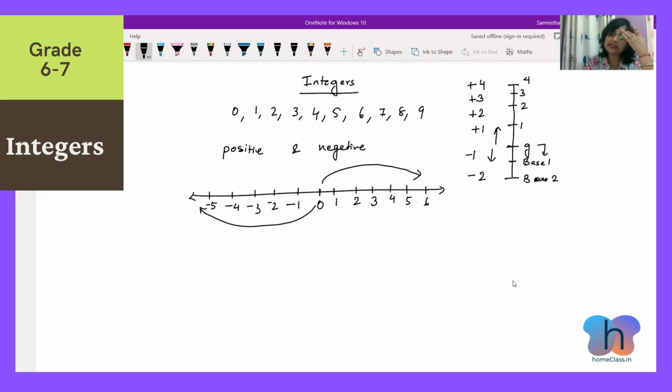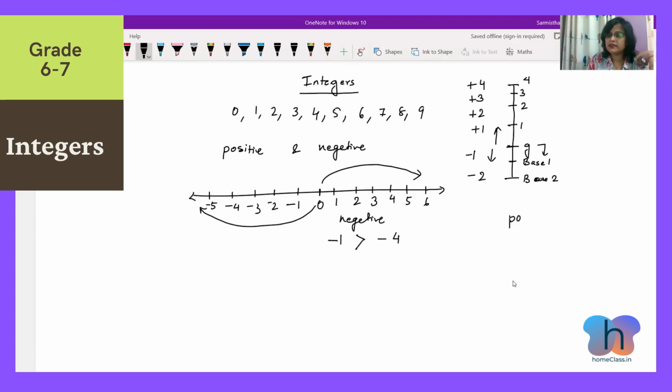But whenever we consider negative numbers, we need to remember that the smaller the digit, the bigger the number. That means -1 is always greater than -4 when they are negative numbers.